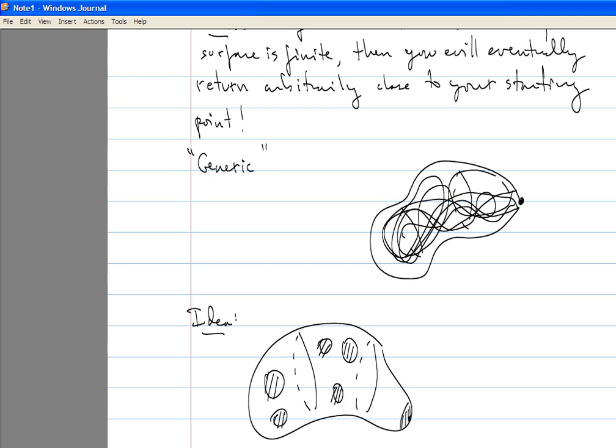Because our surface has finite volume, and because the volume of the blob is unchanged as each step goes by, after I evolve for time t, which could be a minute or an hour or something like that, eventually I will fill up this entire surface. And eventually what has to happen is that two of these blobs intersect.